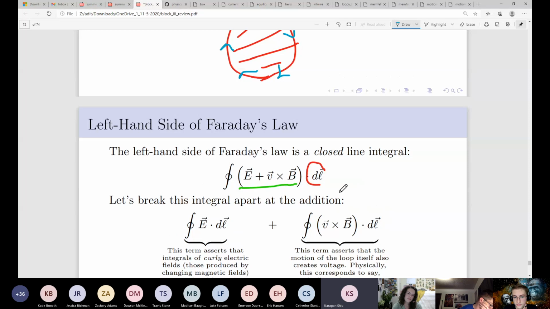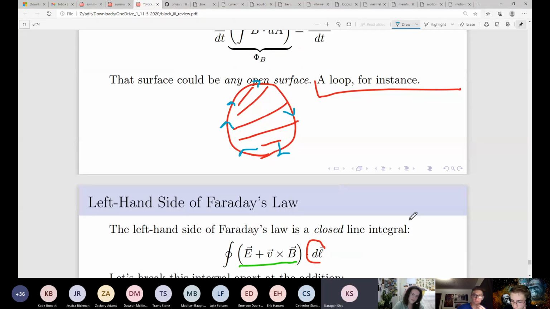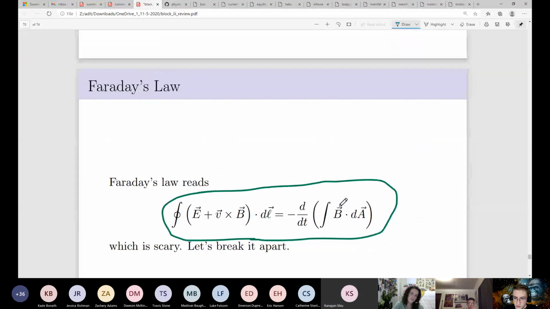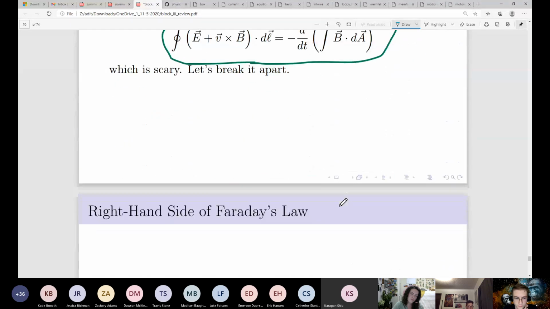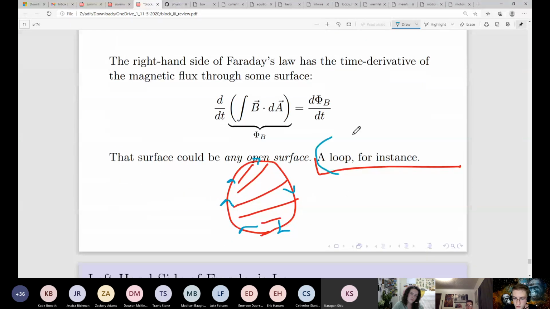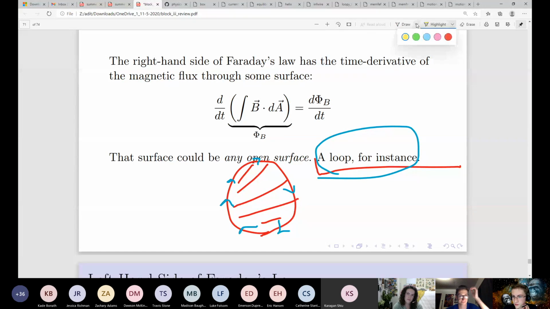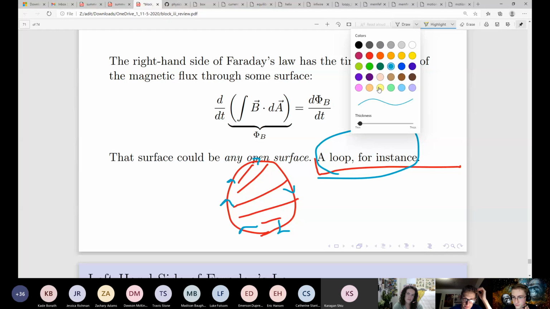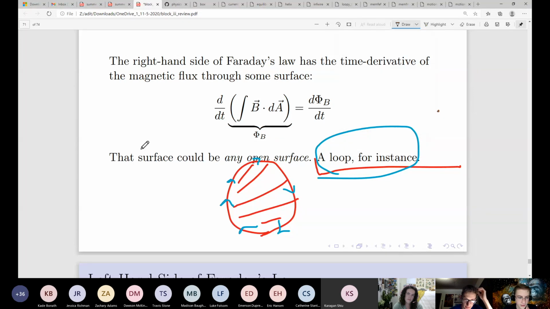Absolutely. Okay. So most often how we apply Faraday's law in Phys 2 is for loops, usually. Like say we have a wire loop, and it has some number of turns, and let's say there's a changing B field through that wire loop.